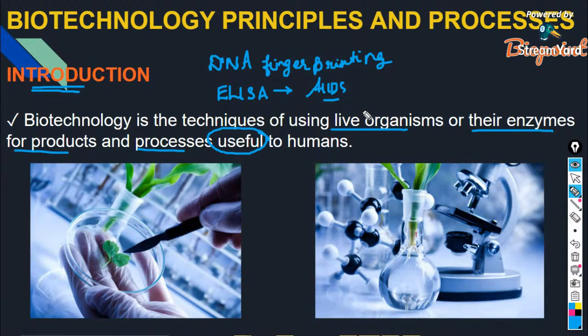So here they have specifically mentioned what biotechnology is. Listen very carefully. Biotechnology is a technique of using different organisms or enzymes from different organisms for producing certain things or phenomena which are useful to human beings.